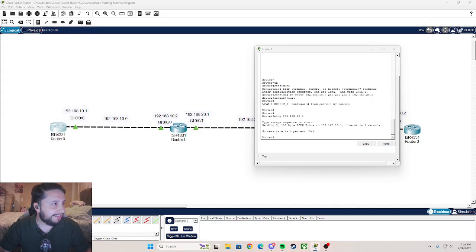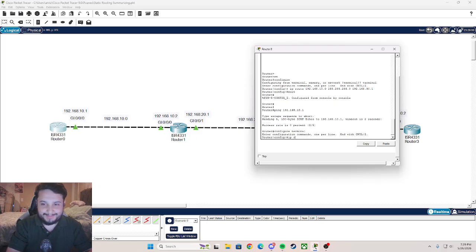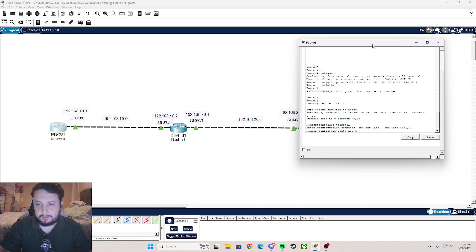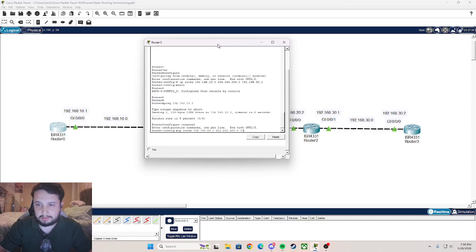I believe the issue is that I haven't had router three communicate with router one, so it's not able to communicate to router zero. Let me do that really quickly.